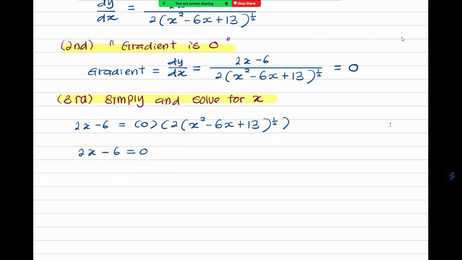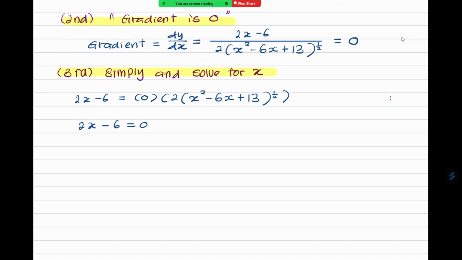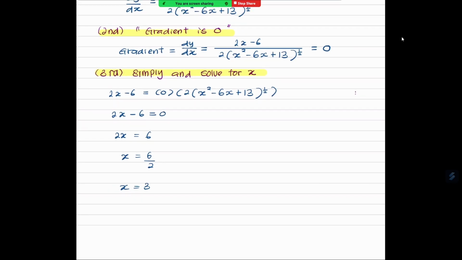All right, so now let's solve for x. So 2x equals 6. Nice and easy, 6 over 2, and you got your x as 3. There you go. So now the next step is you just need to find the y. So half of your mission is done.